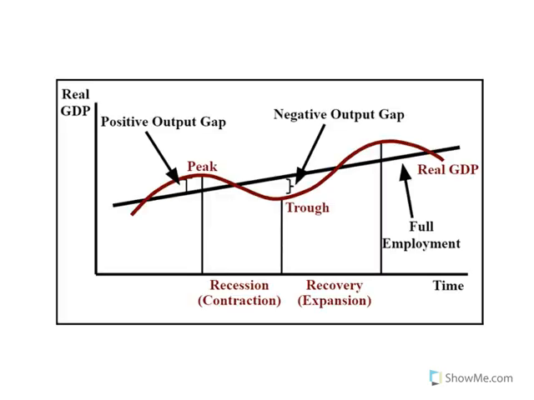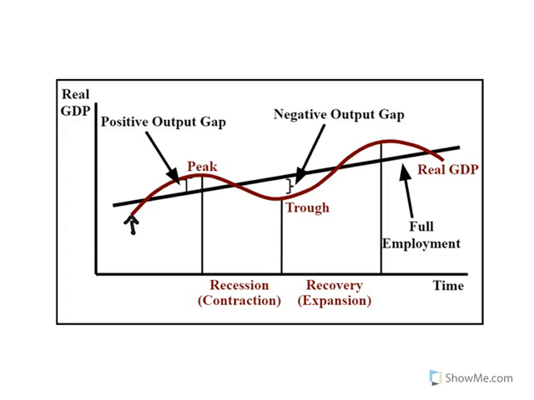So if you recall in the last video when we talked about the business cycle, we said we want to be on that black ascending line, full employment, growing the economy over time in the long run. But we know as we're doing that there's going to be short run fluctuations in the economy, and that's where you see this red squiggly line here, right?